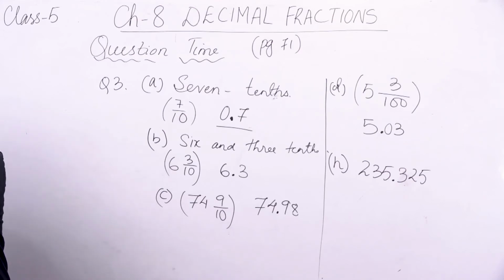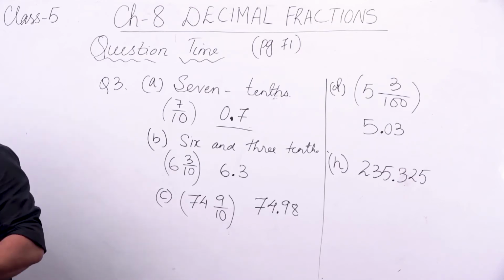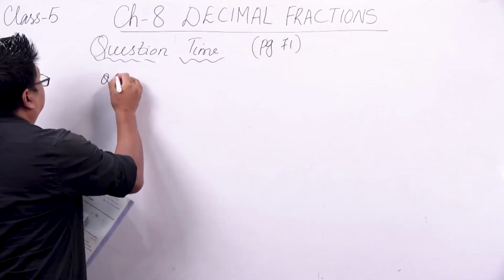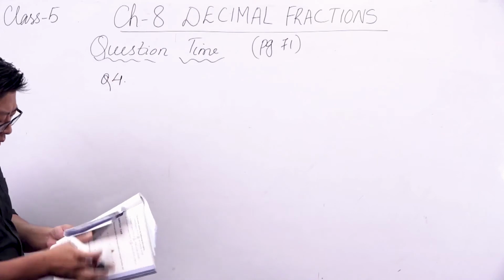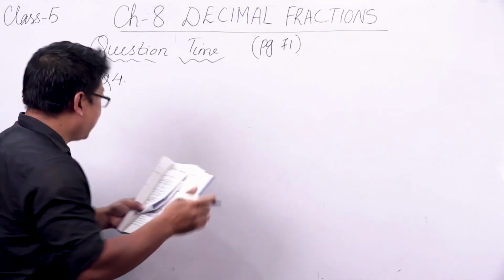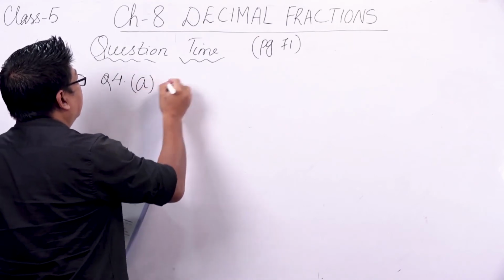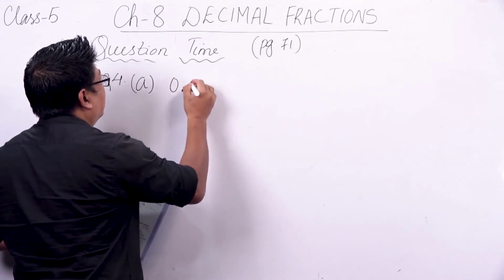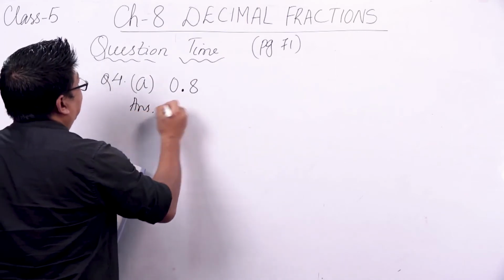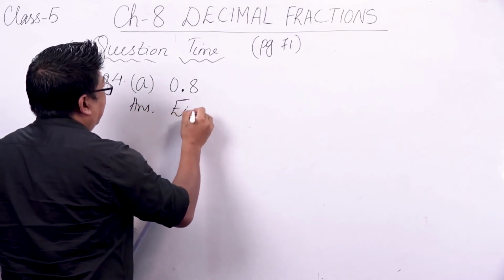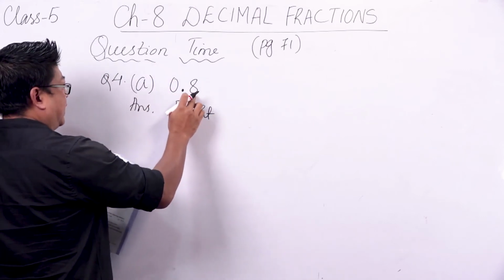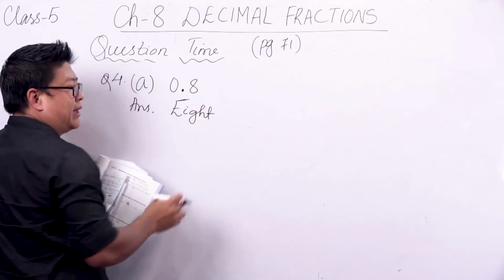So let's look at question 4. Question number 4. Write the following decimal in words. Decimal numbers have been given. We have to write in words. So we have two ways of writing this. The first way is we can write 8, and then how many decimals after point? Only 1. So it is tenths.